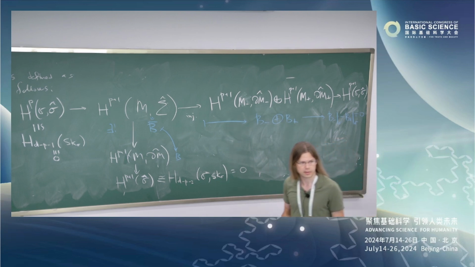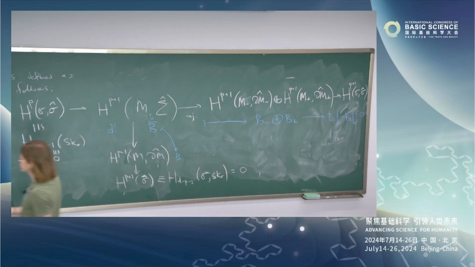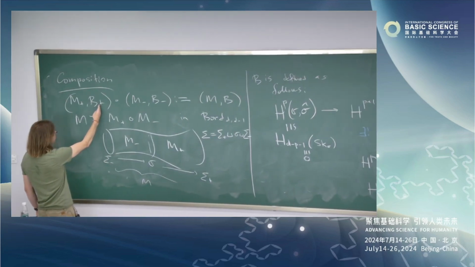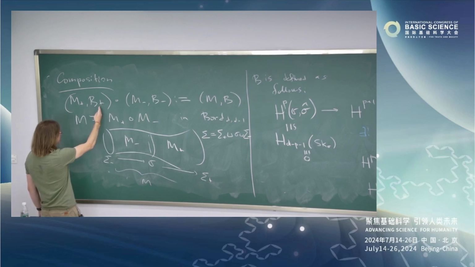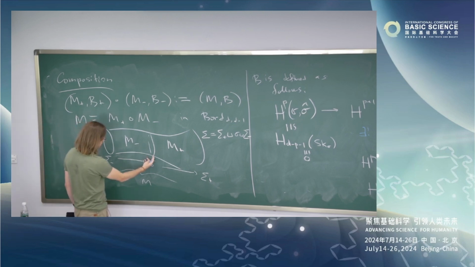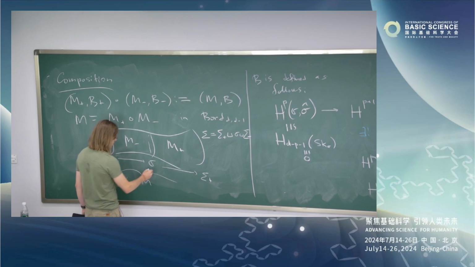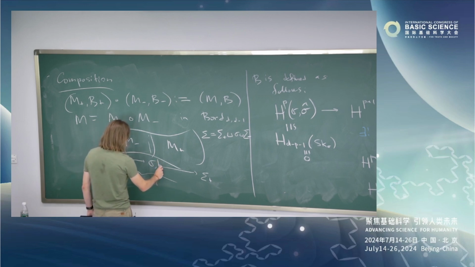We use the condition that the restriction of B plus is fixed by this object here and this object here. So here we have sigma, let's say B sigma.